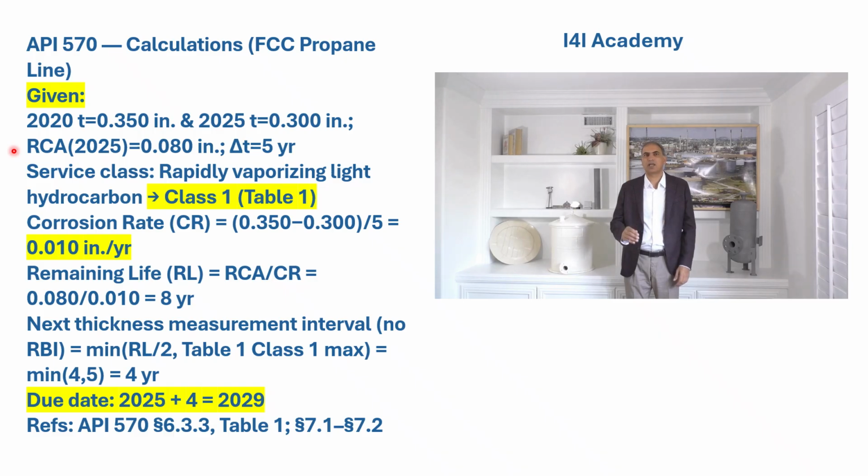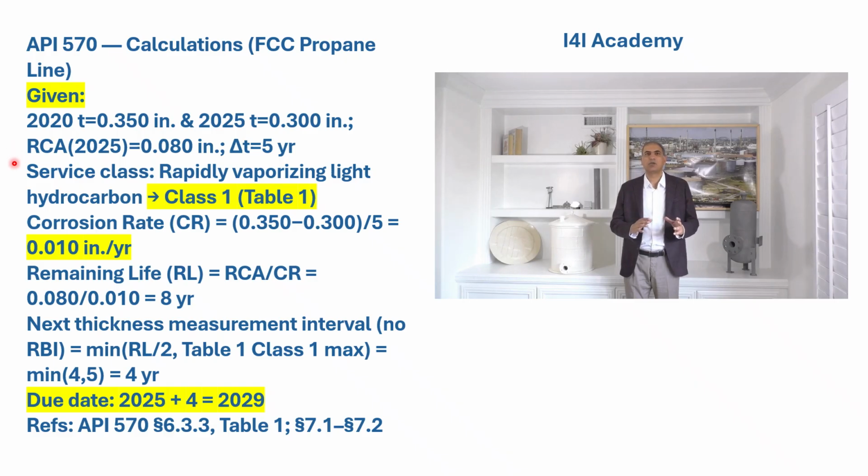This is the current metal margin above the minimum required thickness as 0.080 inches. There has been no RBI reassessment. We are planning by code-based intervals. No changes in metallurgy, service, or operating envelope have been recorded since 2020, and nothing suggests localized thinning at this CML. Before we touch the math, classify the service.